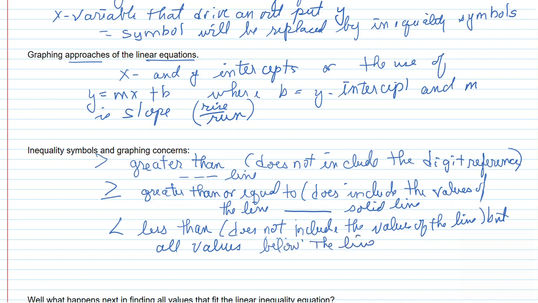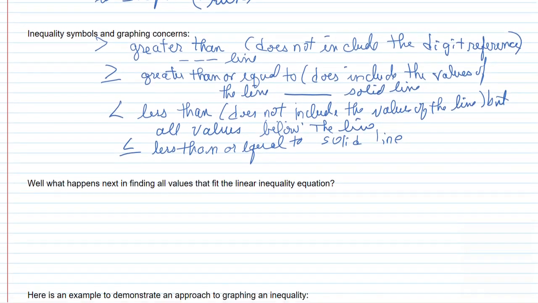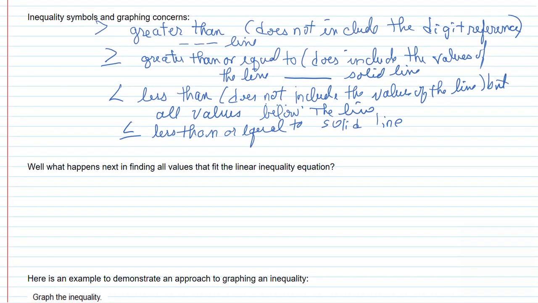And then we have its companion, less than or equal to. And this is a solid line. So those are our options. And we're going to talk about approaches of what makes sense to you and what works. Well, what happens in finding values that fit the linear inequality?